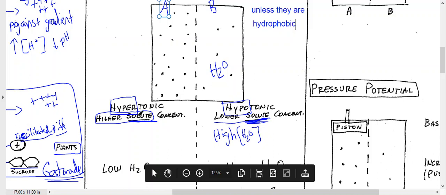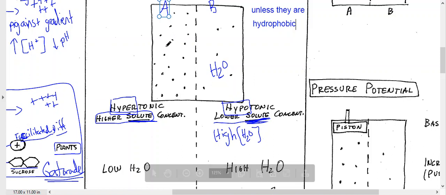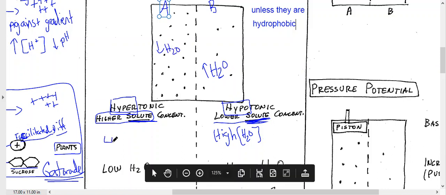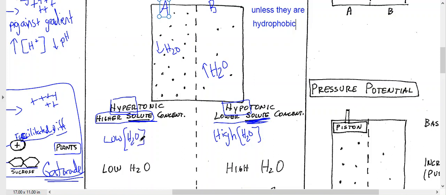And when you are hypertonic and you have a lot of solute, obviously that solute takes up space water can't inhabit, so you're going to have less water. It's an up arrow for high water, a down arrow for low water. You're going to have low water concentration. Remember, the brackets, just like in chemistry last year or 2 years ago, means concentration.